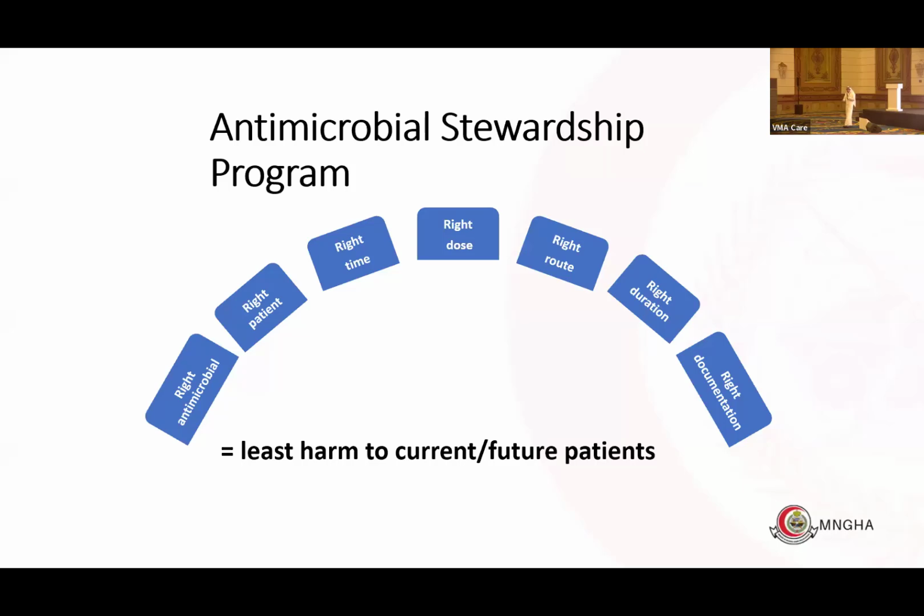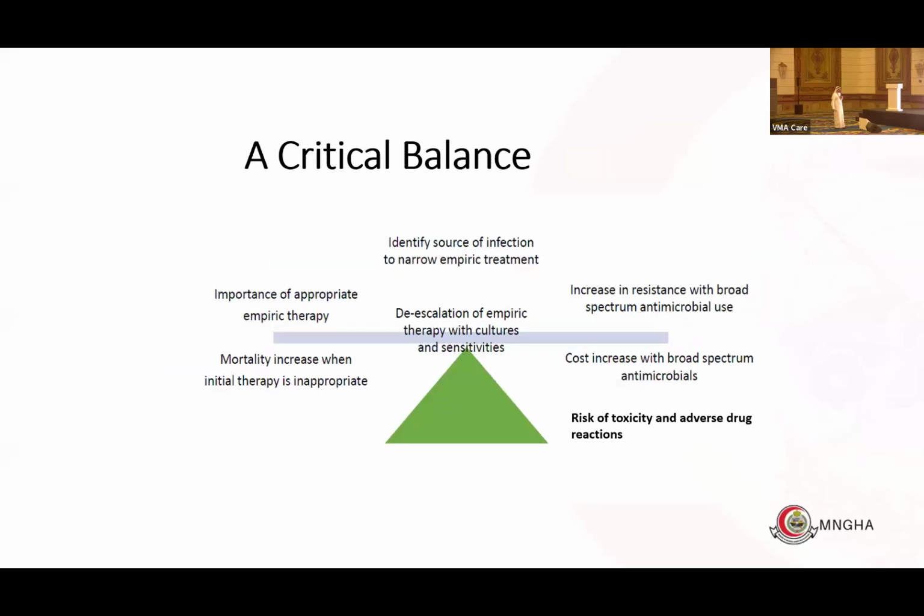This is the concept of the antimicrobial stewardship program. It's a critical balance between two things. I want to make sure that the patient in the beginning receives the right antibiotic, right? Because if I don't give the right antibiotic in the beginning, mortality will increase. It's not reasonable that I have resistance in the hospital and go give, for example, ceftriaxone, right?